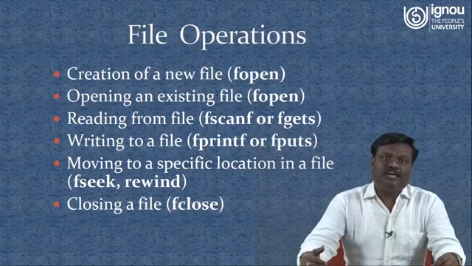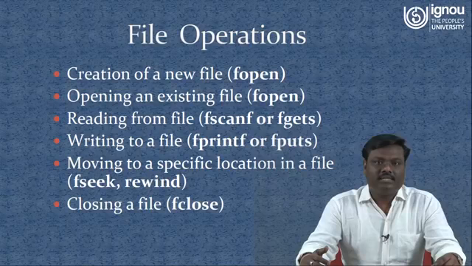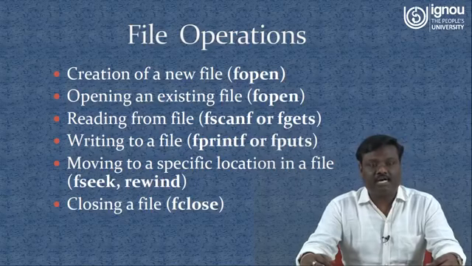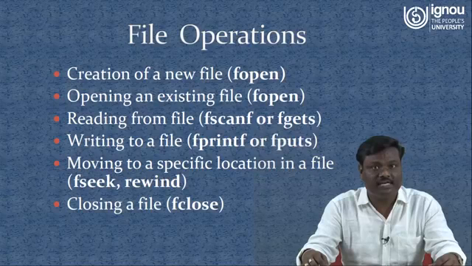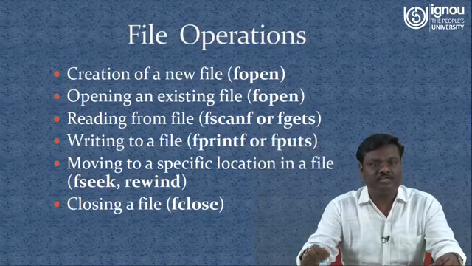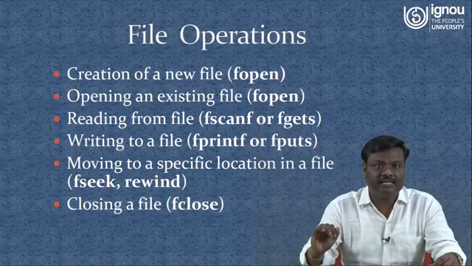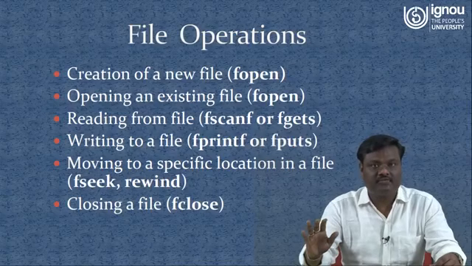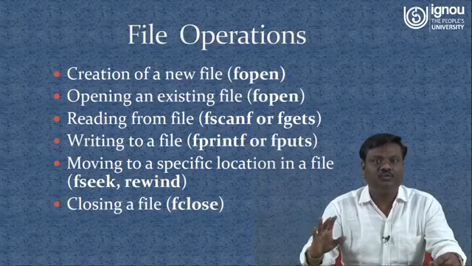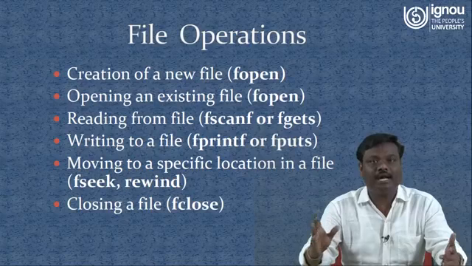Then the possible file operations on these files are, one is creating a file. Suppose if you don't have a file, you can create a file and then you can input the values in the file or else records in the file and then close the file. So first thing is creating a file, then opening an existing file, that is already one file exists and we want to read or write or append.